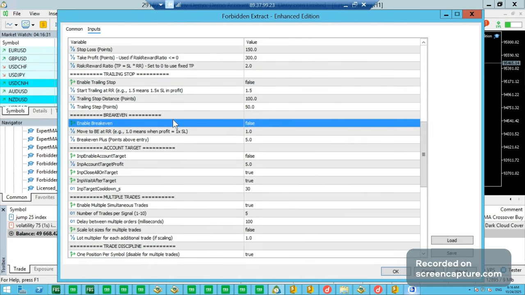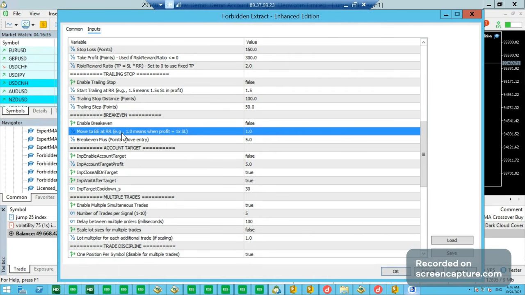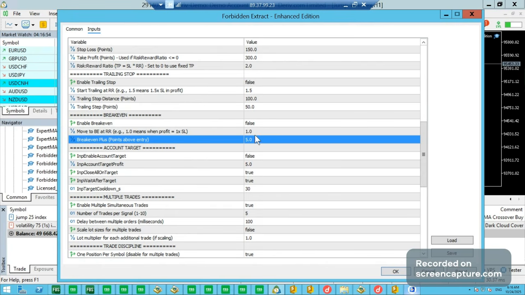This ensures that when you are in profit and the market reverses, maybe there is a sharp reversal in the market, instead of you losing or having a drawdown, it will just take you out without any issue of losing your money in the market. So it all depends on you how you want to set it up. Now for the account target section, we have the input enable account target.